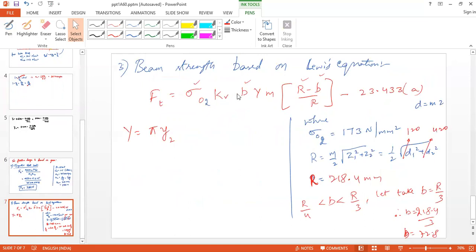So we need to do something else. We cannot use this directly. So what we do is Y2 is equal to 0.124 minus 0.684 by ZB2.